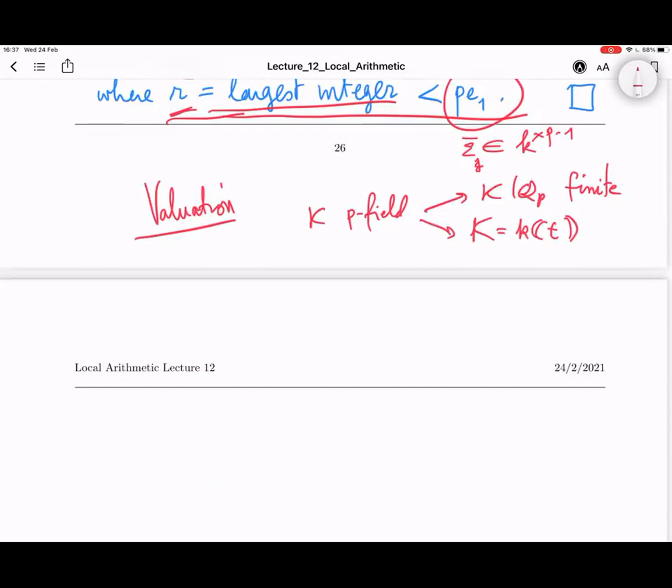So next time what we are going to prove is that if you have a p-adic field K, and if you take a finite extension L, what can you say about this finite extension L? Anyway, we are going to start the theory of valuations. So whatever we have done till now is not going to be used, and we are going to start a new topic. So I'll stop there today, right?